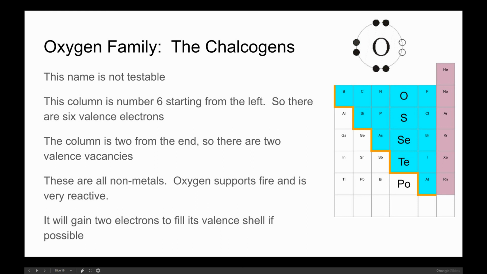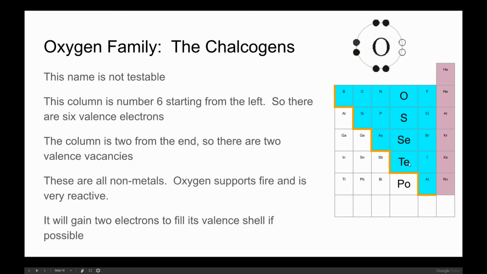They're all nonmetals. Oxygen supports fire and is very reactive. The ones below it are reactive as well. Sulfur is not gaseous. Selenium is getting very metal-like. And tellurium is basically a metal, even though it's on the right side of this line.